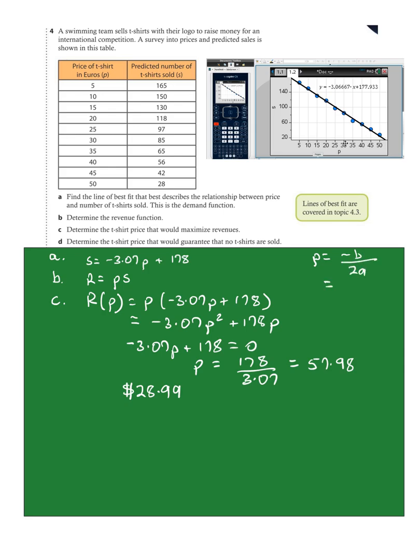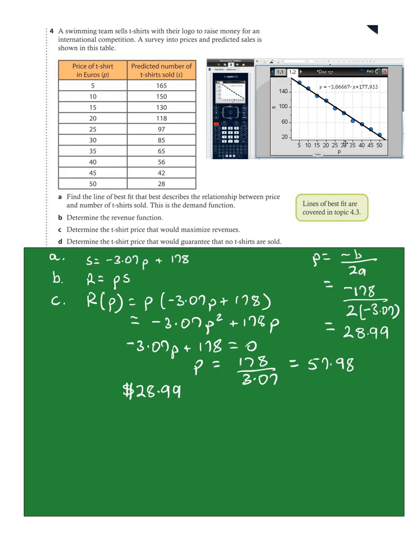That would be minus b, and if we have a look at our quadratic here, we've got 178, that's b, so it's minus 178, all over 2 times minus 3.07, and that equals 28.99. So that's no surprise that that method gives us 28.99, or finding the midpoint between the two roots does the same. Okay, it's 28.99 there.